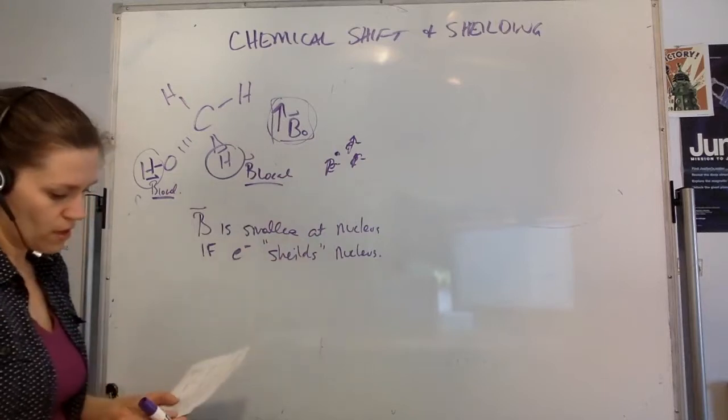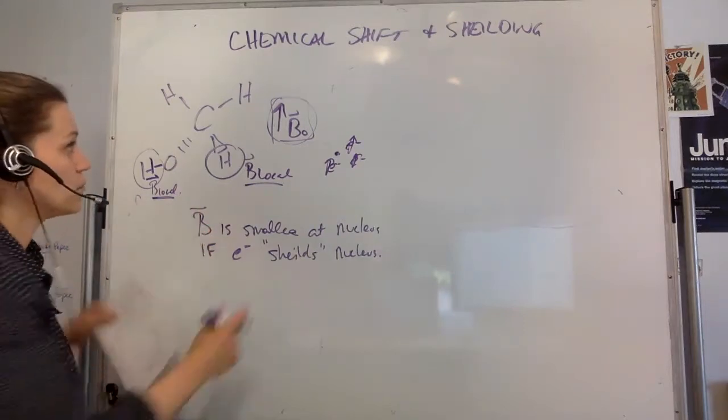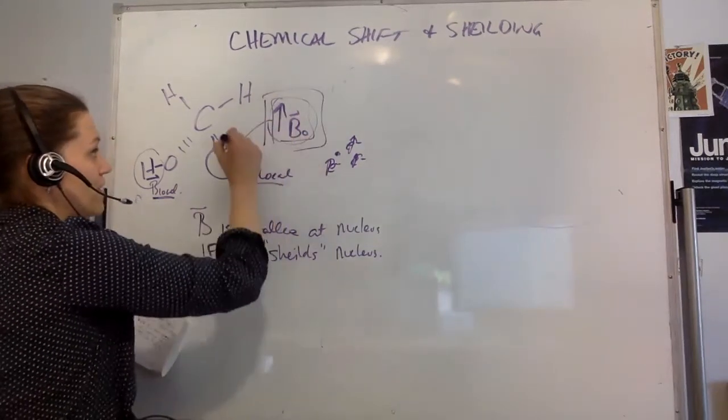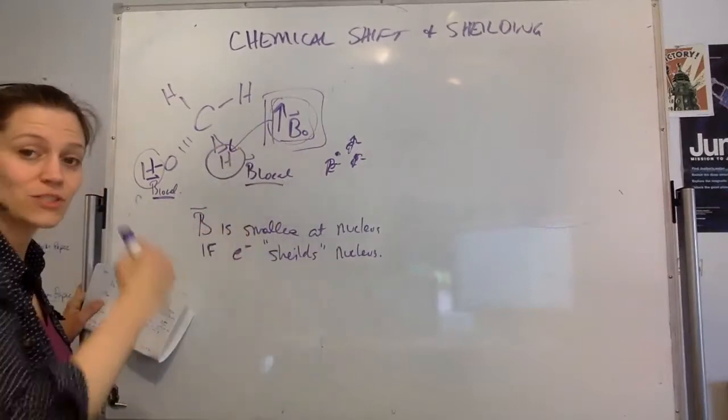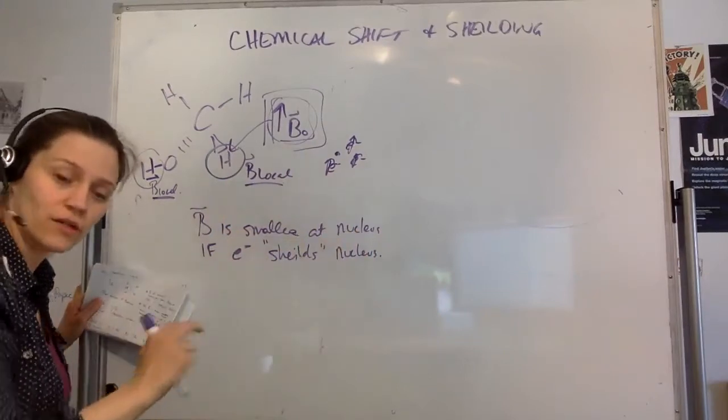For the magnetic field to have any sort of effect on that nucleus, it must overcome that loss of magnetic field due to the electrons.